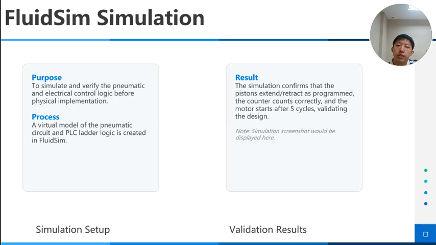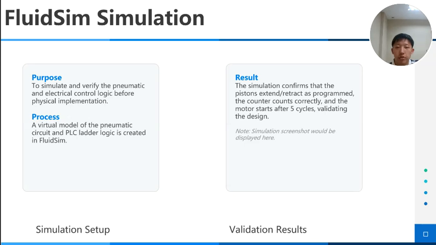Before implementing the program on physical hardware, we used FluidSIM software to simulate the entire system. This involved creating a virtual model of both the pneumatic circuit and the PLC ladder logic. The simulation successfully demonstrated that the pistons moved according to the timer setting.